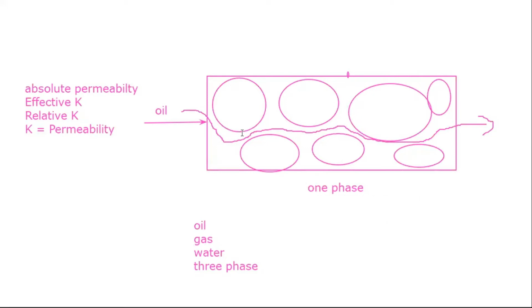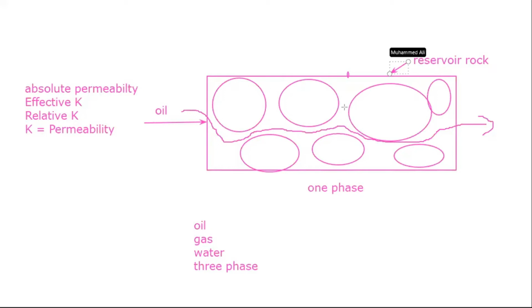So when we talk about only one phase in the rock, or you can say a reservoir, it could be oil, or water, or gas, any one phase. We say that it has the absolute permeability.